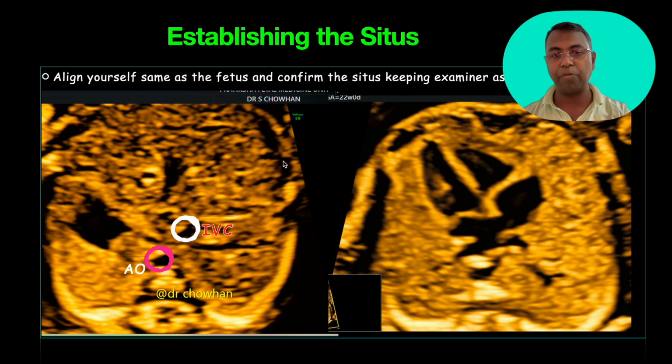Because if you practice otherwise, in cases of situs inversus totalis you can miss the diagnosis, because in situs inversus totalis all the visceral and thoracic structures will be in the same direction. That's why we must follow the steps to establish the situs.